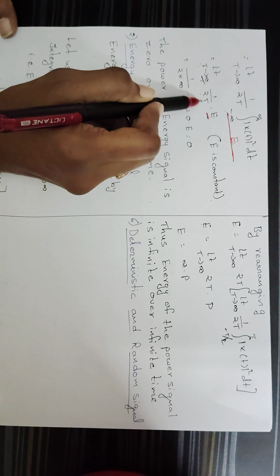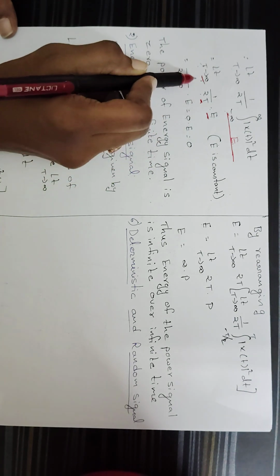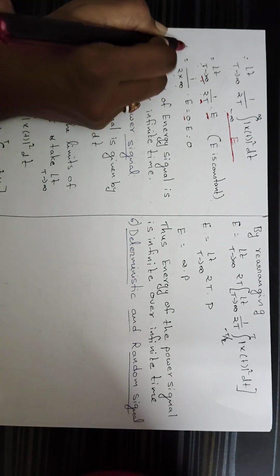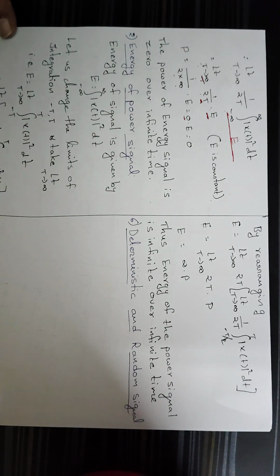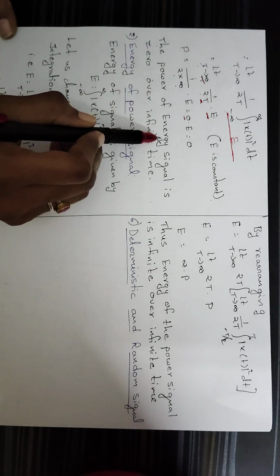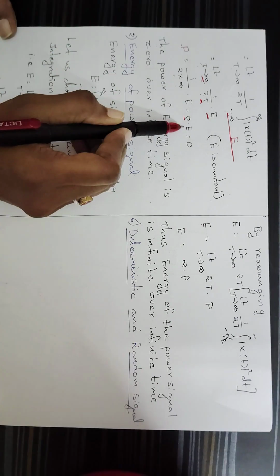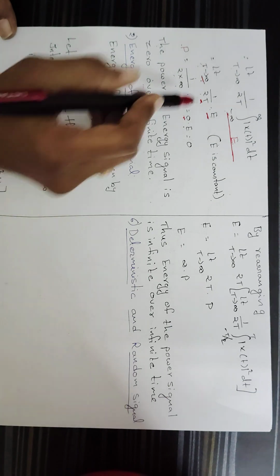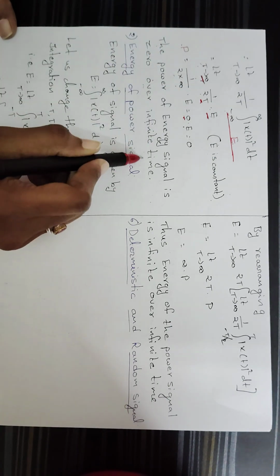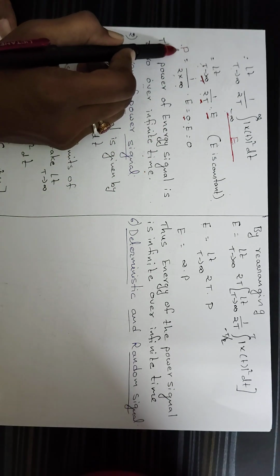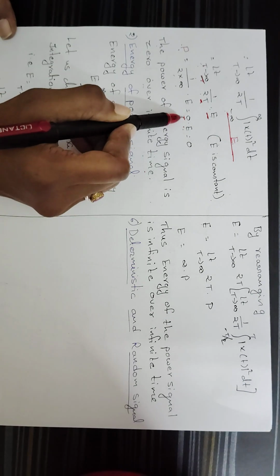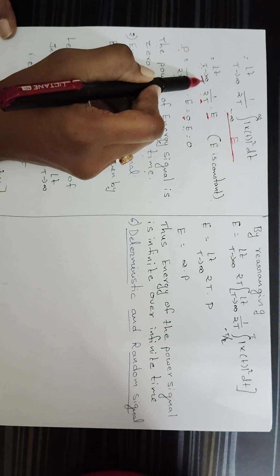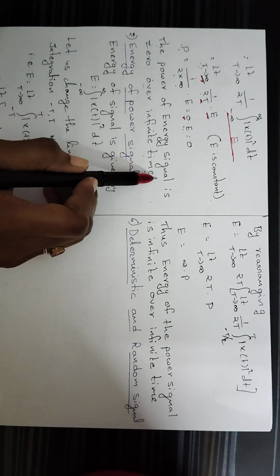If you substitute t value as infinity, that means 1 by infinity value is what? 0. So this signal is what? Power. So the power of energy signal is 0 over which interval? Infinite time interval. So the power of energy signal is 0 over infinite time interval. So that is the proof of the first one.